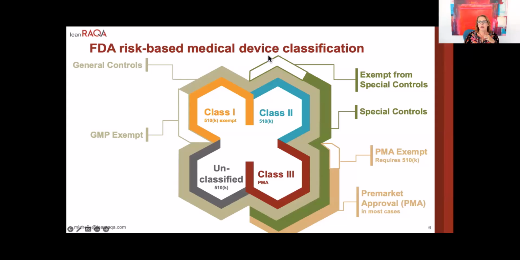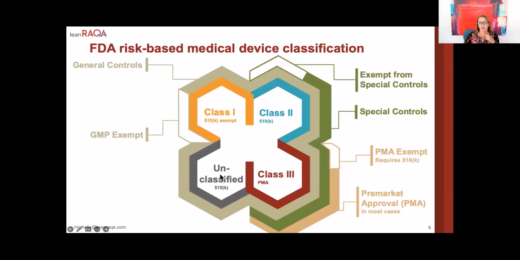And then there will be a subset of those that are exempt from those special controls, namely exempt from a 510K. In general, class 1 products are 510K exempt, but not all. Class 2 products require a 510K. Class 3 products require what's called a pre-market approval or PMA.